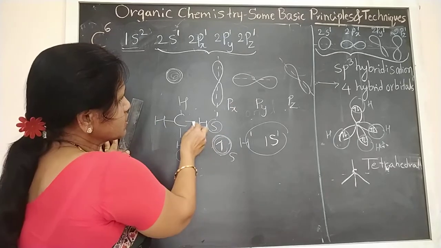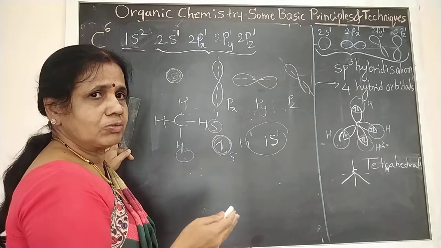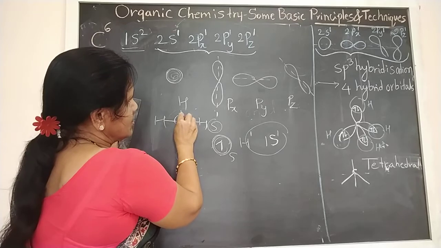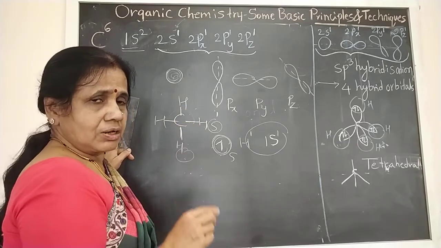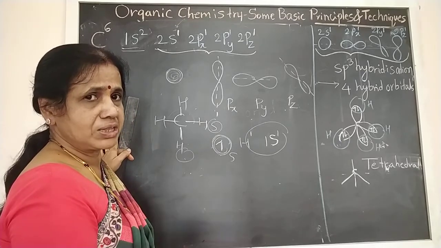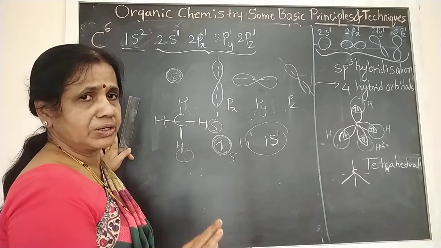So when the bonds are formed, the bond length and the energy of the bonds would be different. All these 4 bonds would not be of the same length and the same energy. But by experiments, it is observed that in methane, all the carbon-hydrogen bonds are equivalent.